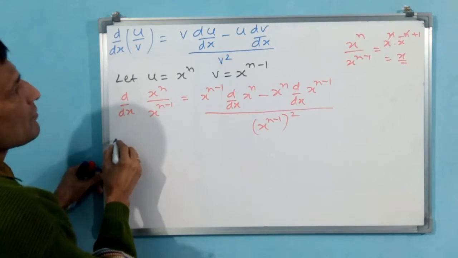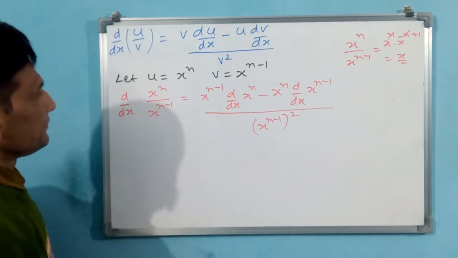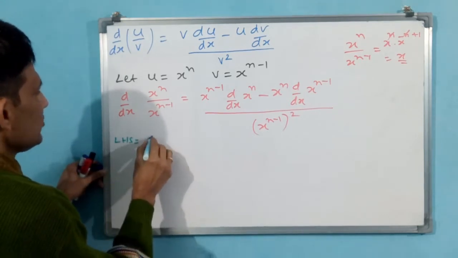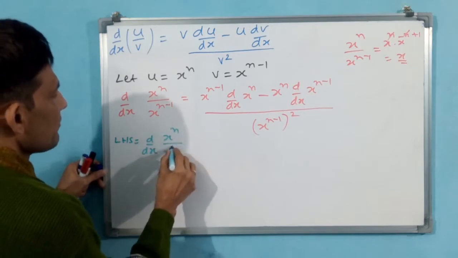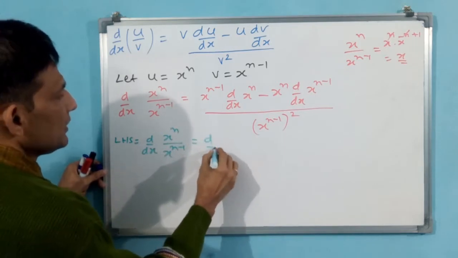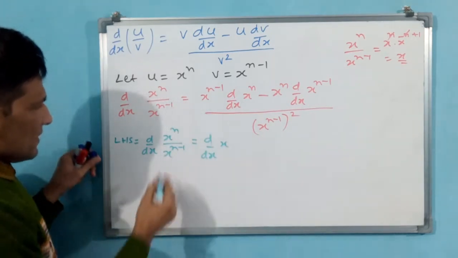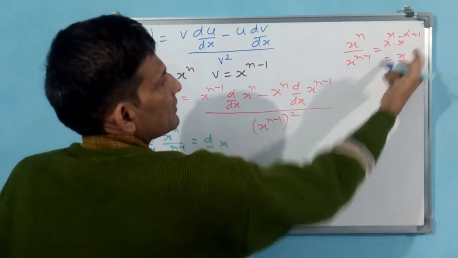LHS, I am taking, observe carefully what I am doing. LHS is equal to d by dx of x power n by x power n minus 1, that is equal to d by dx of x. Is it okay? Because I already told the same.